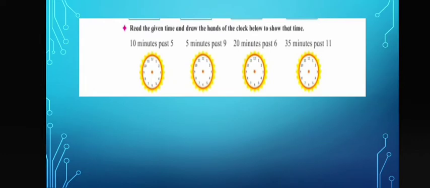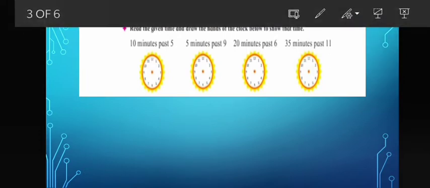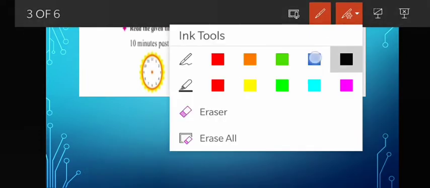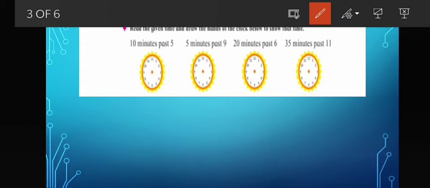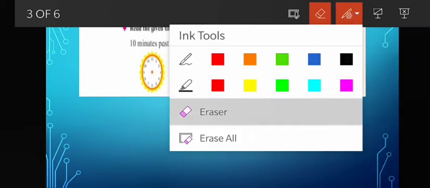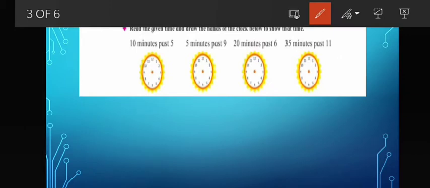Now read the given time and draw the hands of the clock below to show that time. Now let us see. 10 minutes past 5. So first you will draw an hour's hand. Past 5 means it is already 5 o'clock.